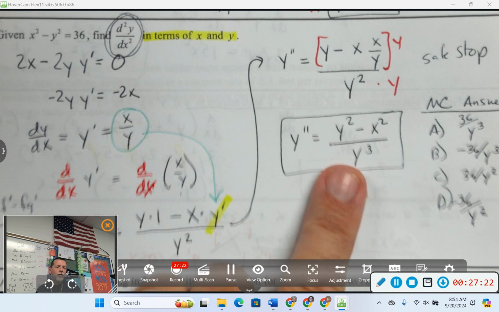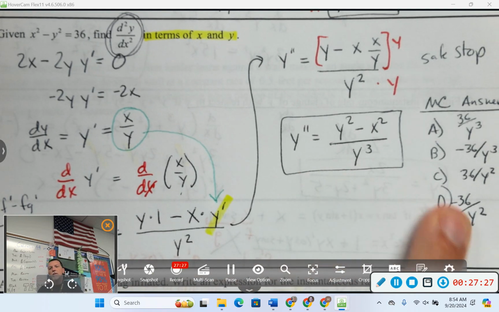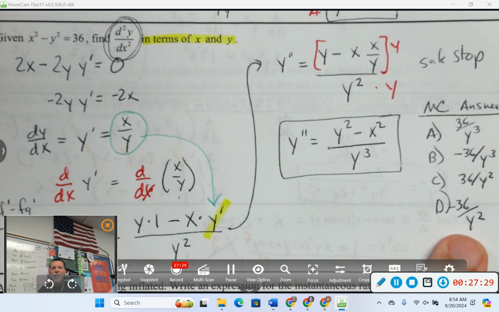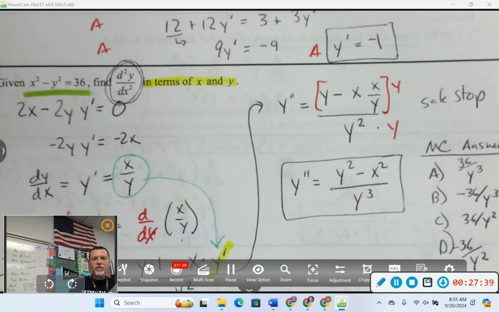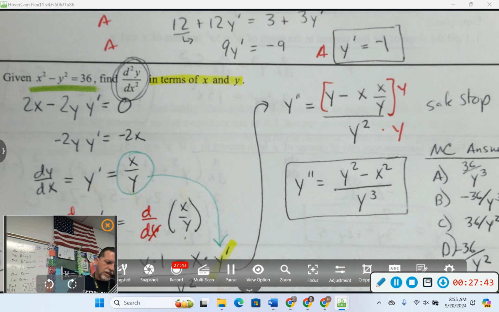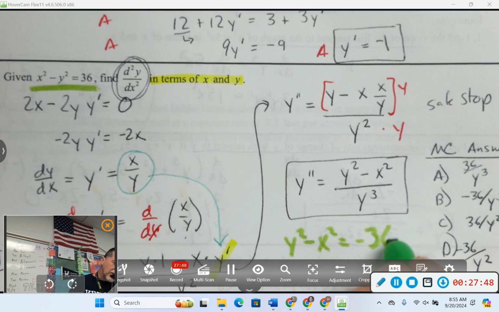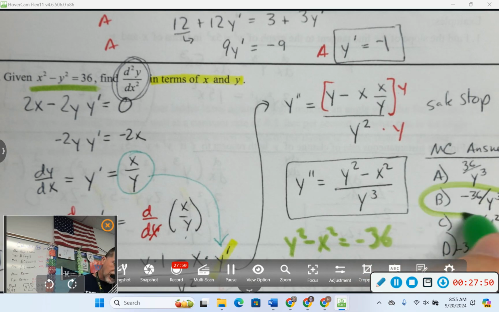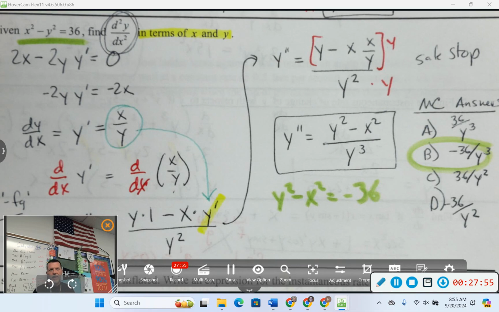So if this was just you would stop there. There's no reason to go any further. But you look at those answer choices, you're like, wait a minute, 36, where did that come from? Brooke, where did 36 come from? X squared minus y squared is 36. Although I've got y squared minus x squared. So that means y squared minus x squared equals negative 36. So I can replace that numerator with negative 36.